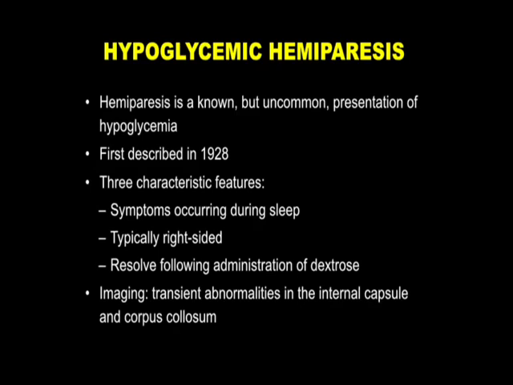Hemiparesis, excuse me, is a known but uncommon presentation of hypoglycemia, first described in 1928. Typically the symptom onset is during sleep, or they wake up at night with hemiparesis, typically right-sided, and it often resolves after the administration of dextrose. And here you can see transient abnormalities in the internal capsule and the corpus callosum.